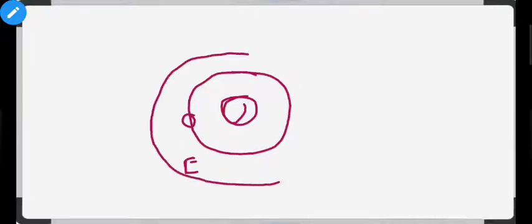Let us say this is our sun, and this is the orbit of Earth, and this is our Earth, and the second orbit is for Mars, and let us say this is Mars. Our Mangalyaan took more than 300 days, 320 plus days, to reach Mars.